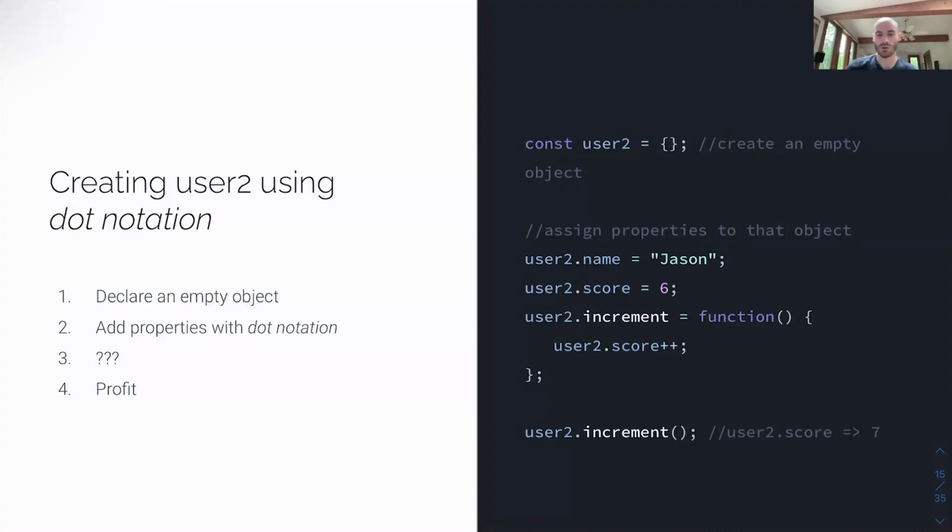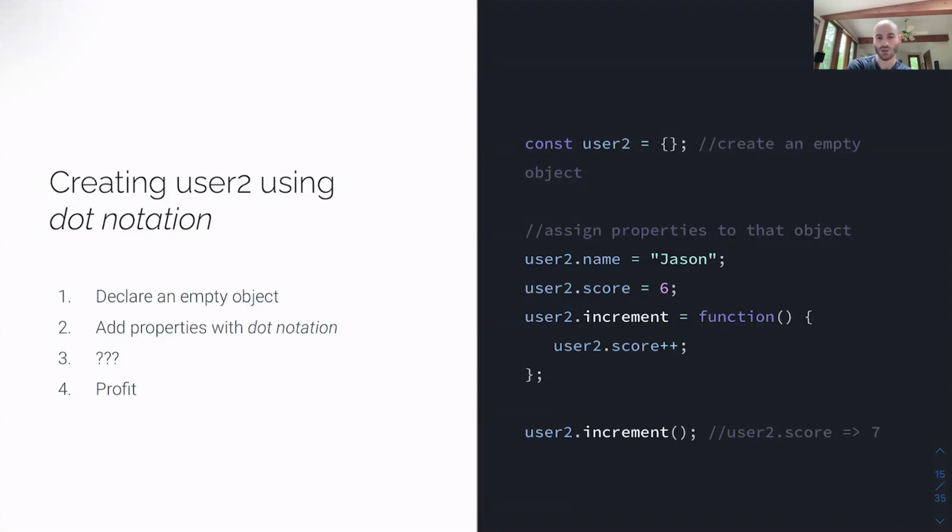Okay, so we are going to declare a constant labeled user2, and we're going to assign it the value of an empty object. And then in our following lines of code, we're going to populate that object using dot notation. And so in user2.name, we're going to create a key on the user2 object and set its value to the string JSON. User2.score is going to create the key score and assign a value of the number 6.